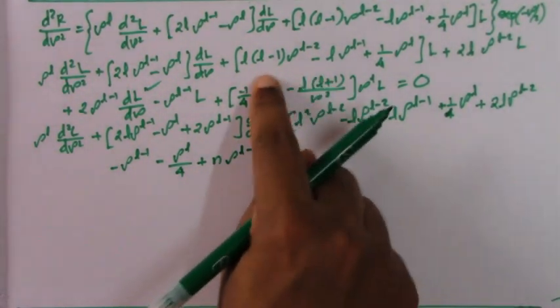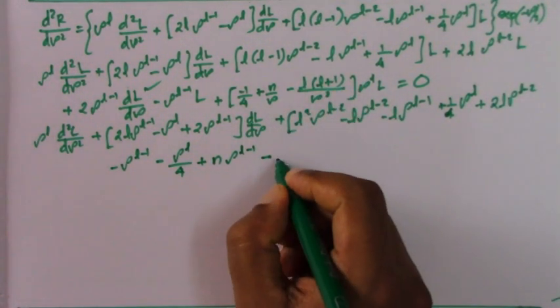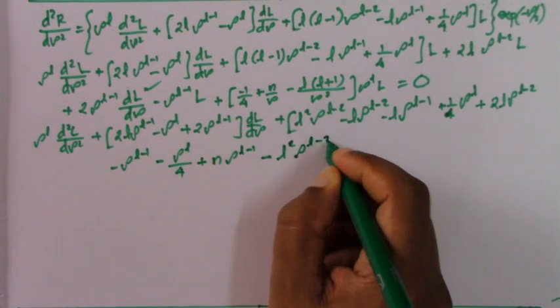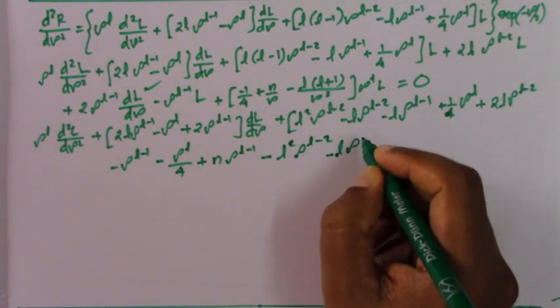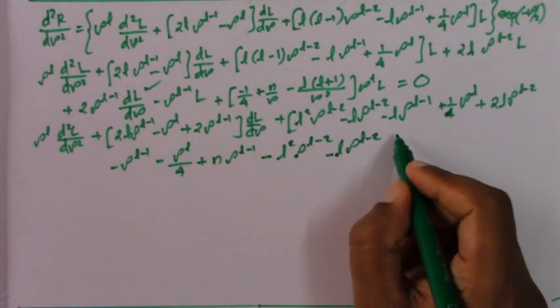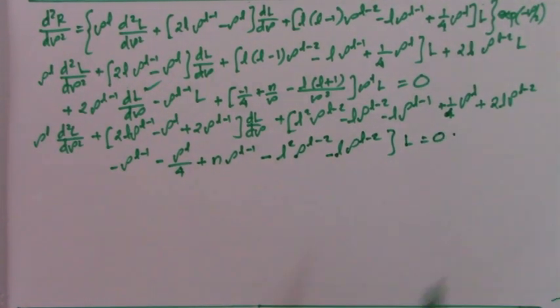So rho raised to L minus 2 must be multiplied with minus L into L plus 1. So that is minus L square rho raised to L minus 2 minus L rho raised to L minus 2. The whole multiplied with L is equal to 0. Okay.